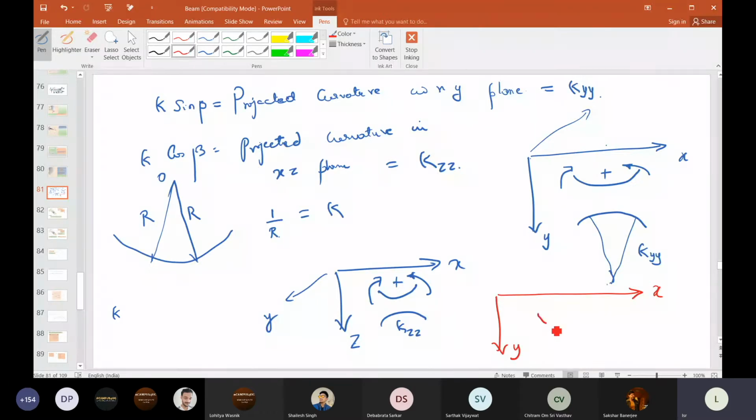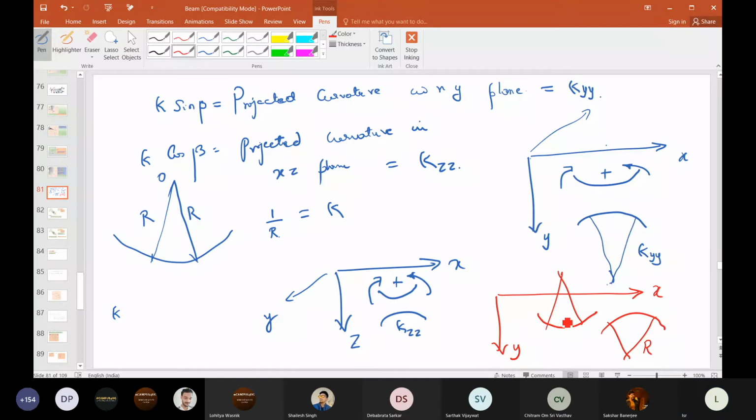Either it will bend like this or it will bend like this. Depending upon bending, the curvature sign will change, because if you join the radius this side, r will become positive, and if you join this side, it will become negative.